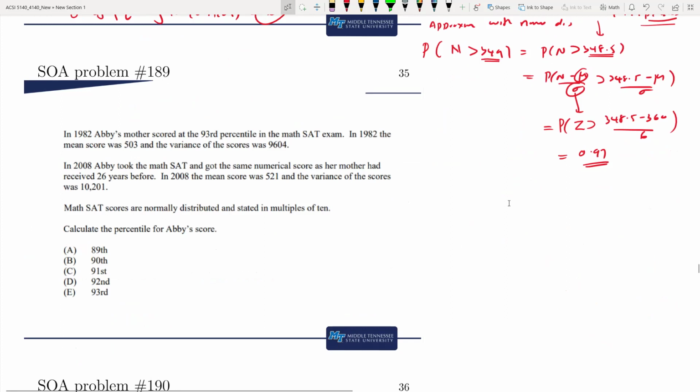Okay, so here's another example. In this example, it says Abby's mother scored at the 93rd percentile in the math stats exam. So let's see what Abby's mother's score is.